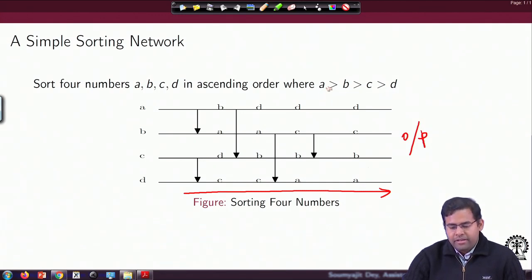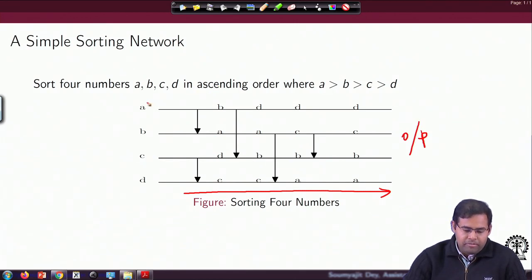Since A is greater than B and B is greater than C, and so on and so forth, in the output, D being the smallest element, if we want the output in ascending order, D should come followed by C, followed by B, and followed by A, and we can just do a small check that this sorting network can realize this functionality.